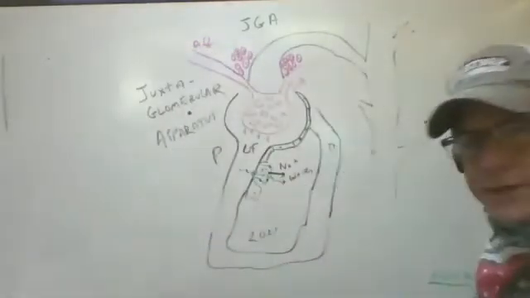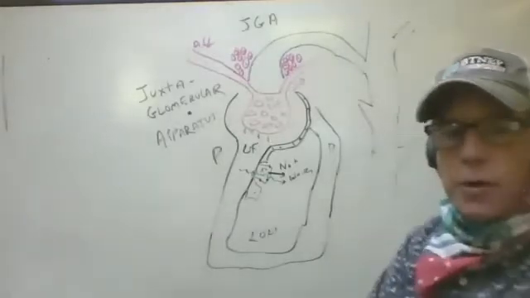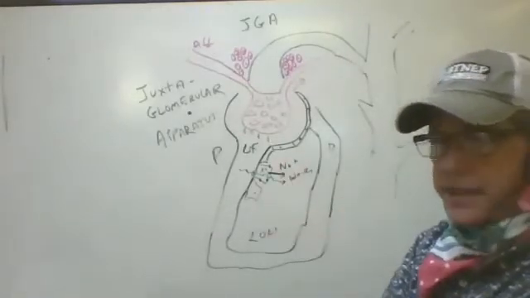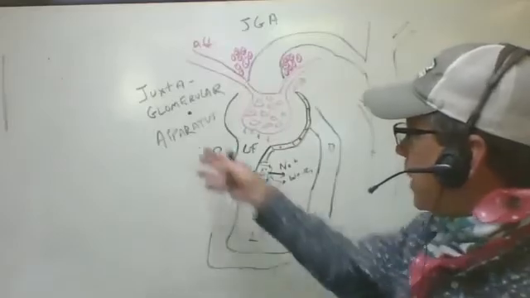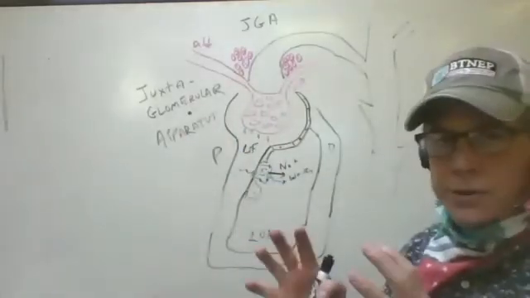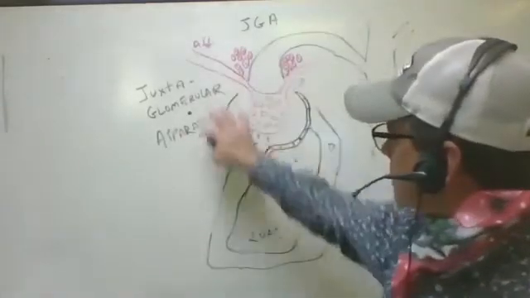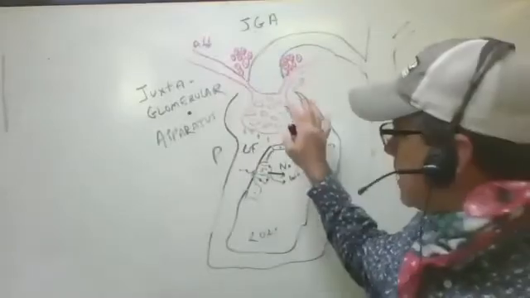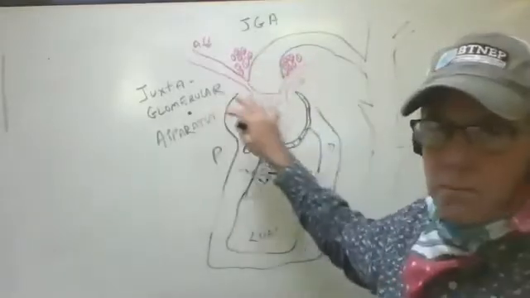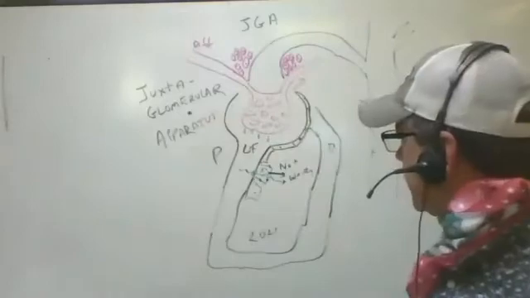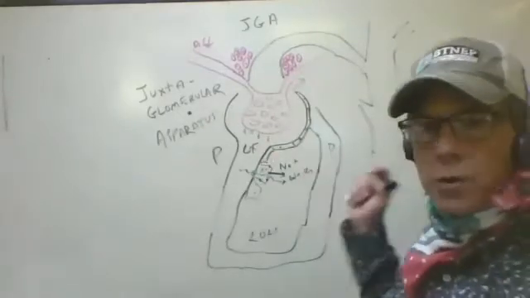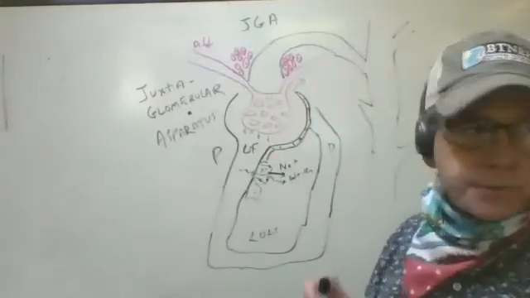It's called an apparatus. That's a pretty nerdy term because I think of an apparatus as a little machine. You could think of it as a juxtaglomerular monitoring system or something like that, because what we're drawing here is the quality control monitoring system that makes sure that we don't lose too much urine.